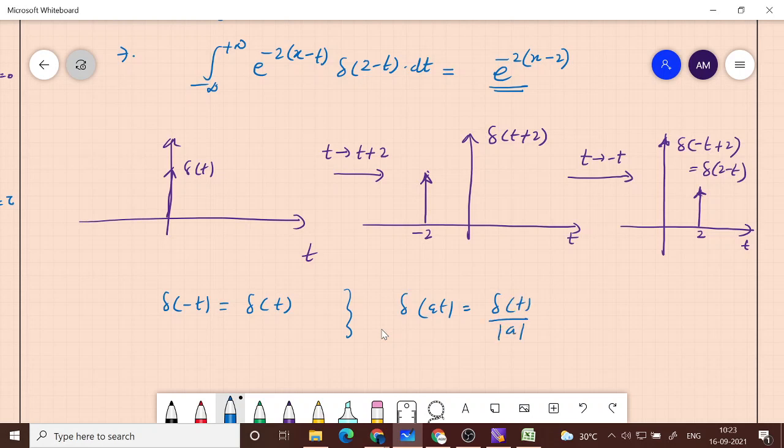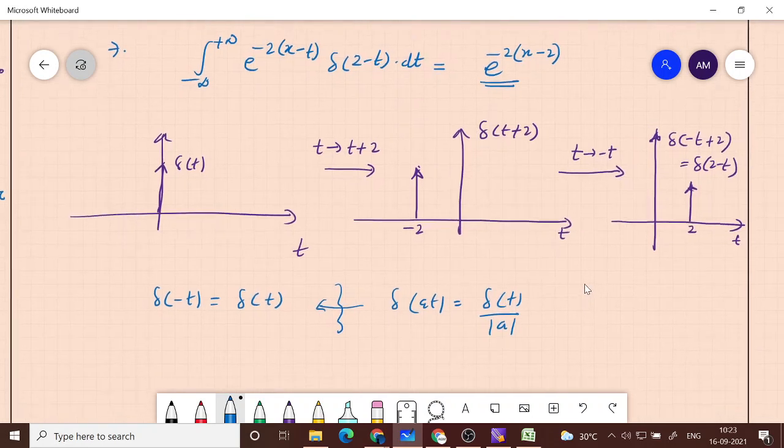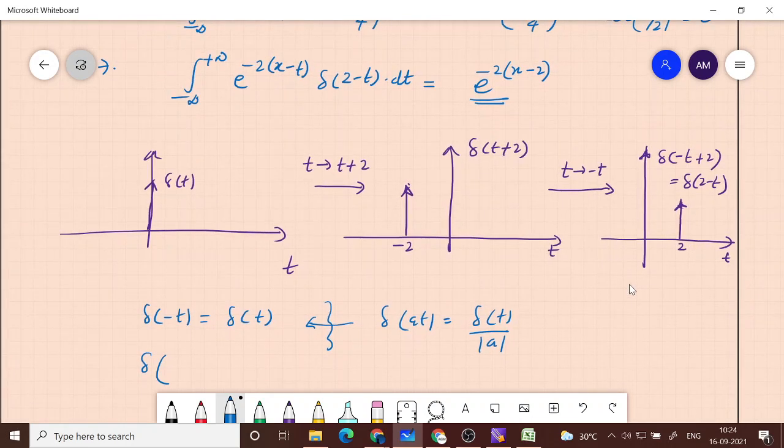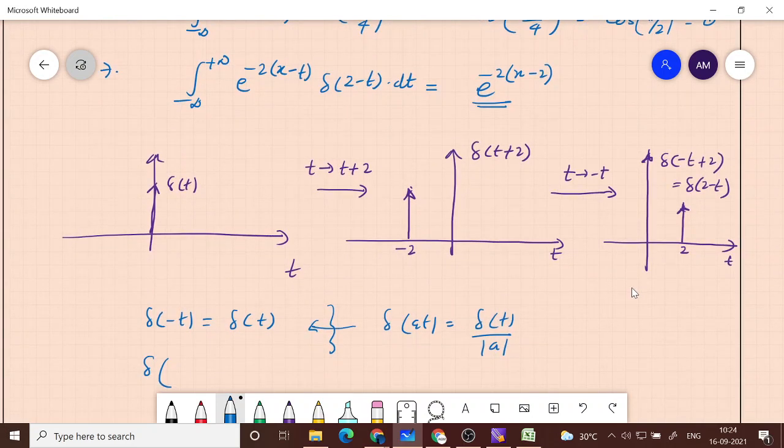So if a is minus 1, it is giving you this property. That is scaling. So that is the first step.